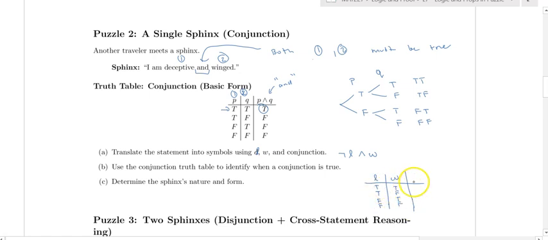Okay, so the thing that I'm missing here is negation of L. And so before I build the fourth column, which will be not L and W, I'm going to build this helper column. And this helper column is just going to allow me to look at these two columns instead of the first two columns, because I want not L. So if L is true, not L is false.